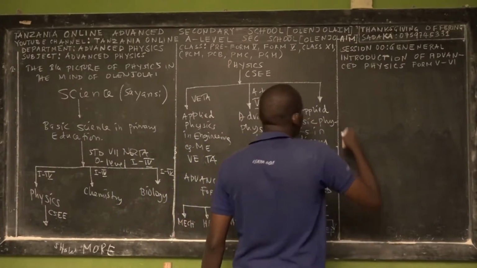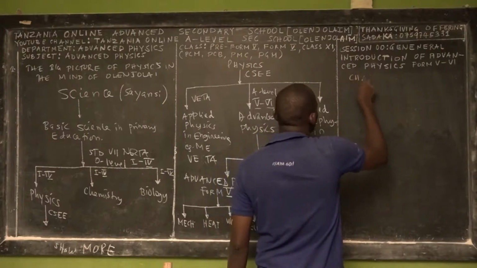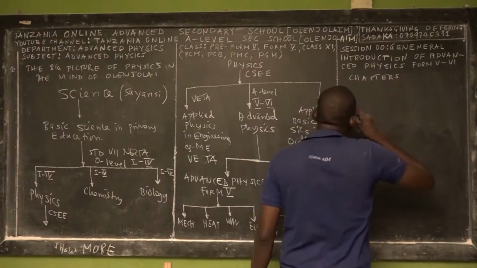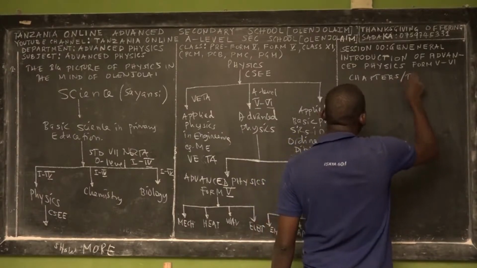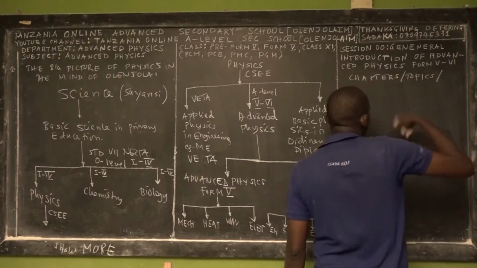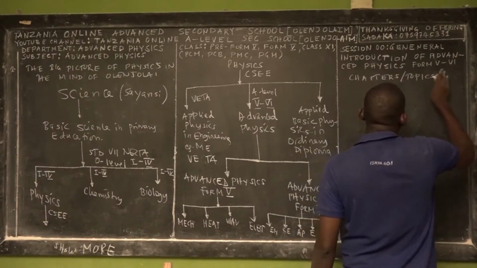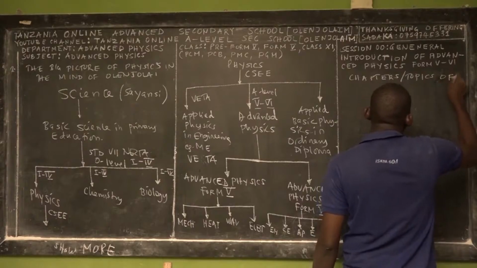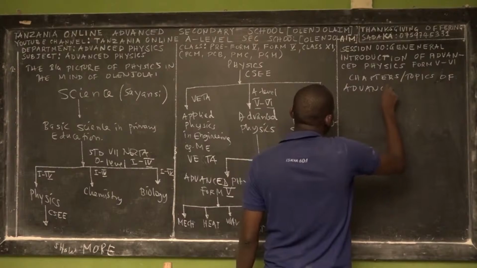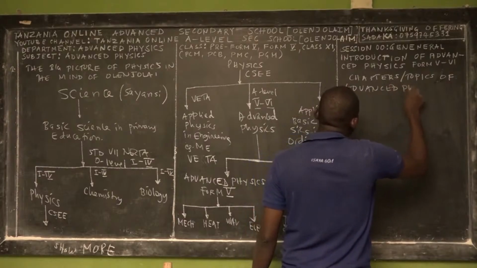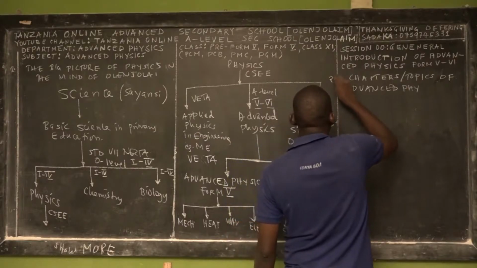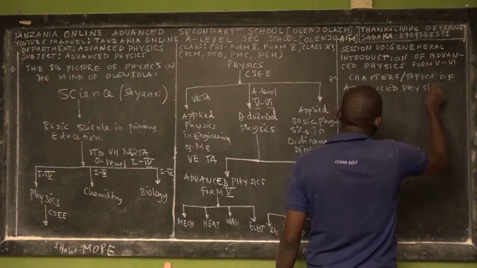Before I share with you about reference books, I have to mention the chapters or topics of Advanced Physics. This is the second thing that I want to share with you.